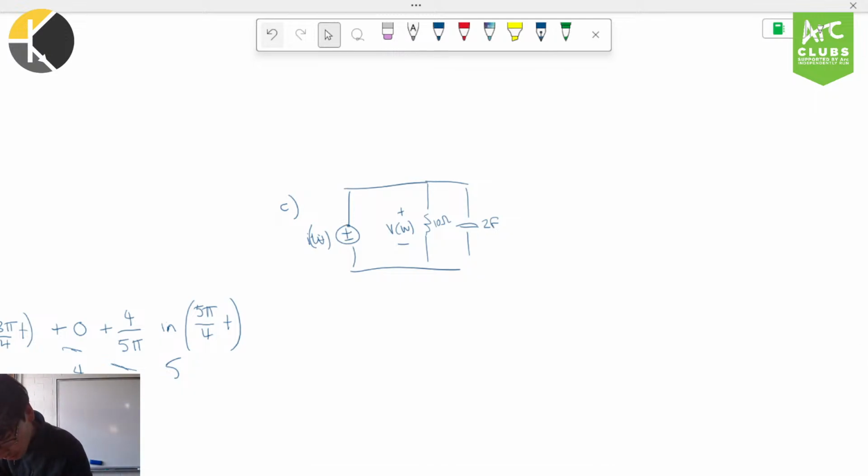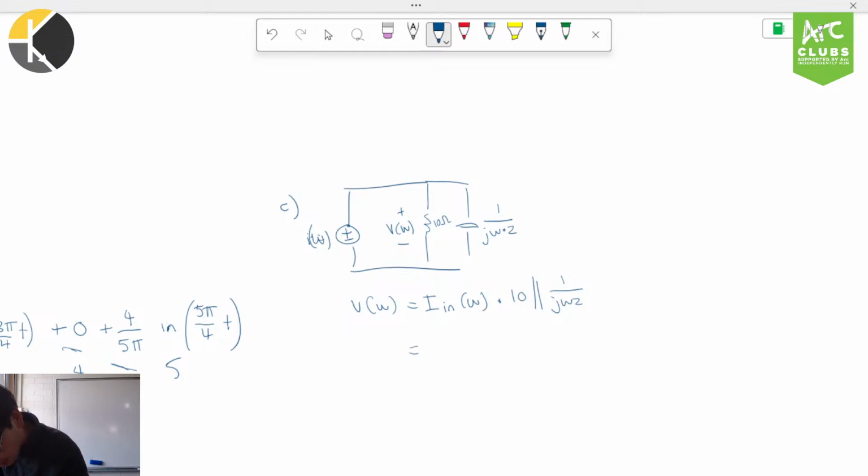So we have V(omega) equals the current I_in, multiplied by the 10 in parallel with the 2 farads, which I should be writing as 1 on j omega C, and in this case C is 2. Cool.